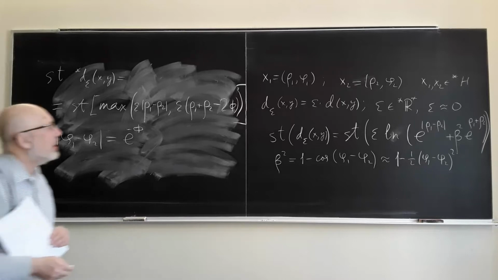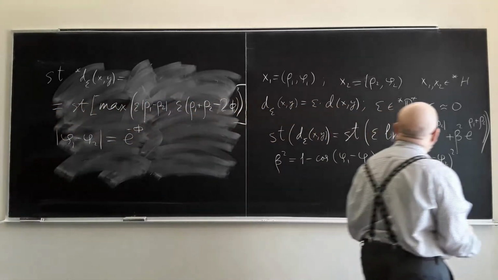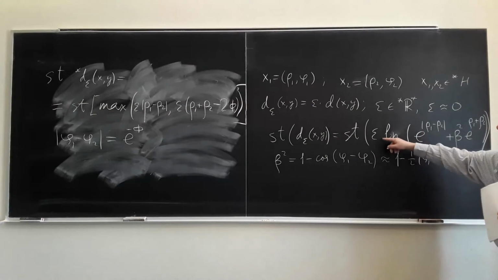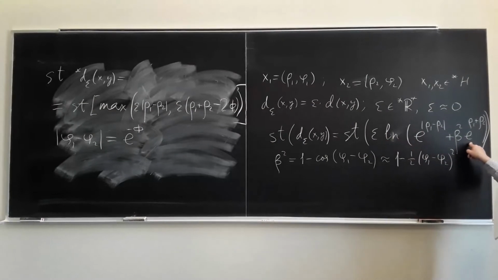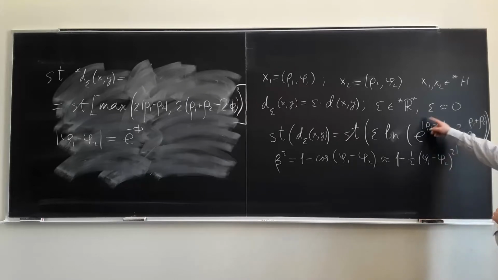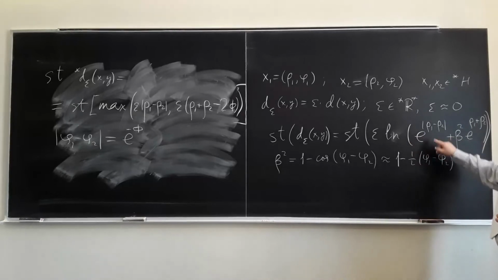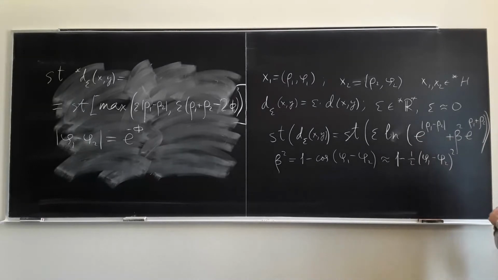Why so? Because here you have epsilon times the logarithm of a sum of two exponents. Exponents are very stiff functions, and the logarithm is very soft. So if these exponents are high, then one of them is much larger than the other, and the logarithm will feel only the one which is larger.